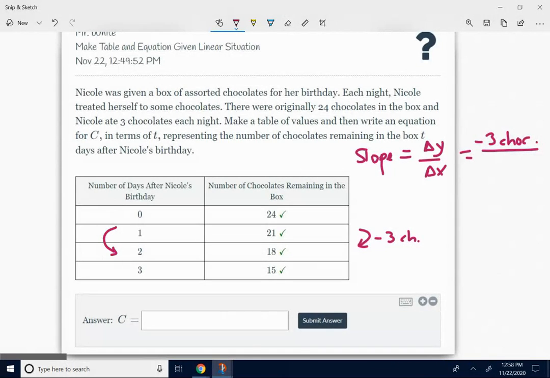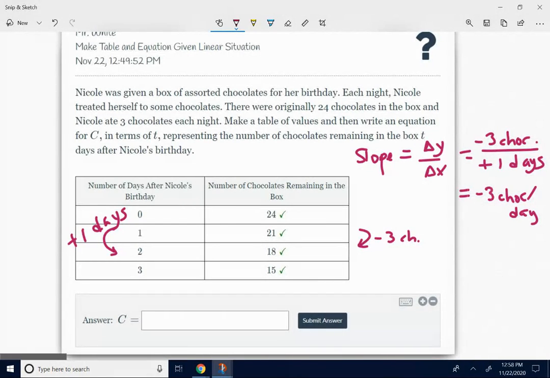The change in x values is increasing by 1, but it's days. We're talking days here. So the slope from my data table, change in y over change in x, would be -3 chocolates over 1 day. Reduce that: -3 chocolates per day. That's the slope.